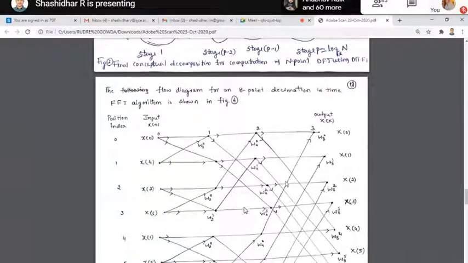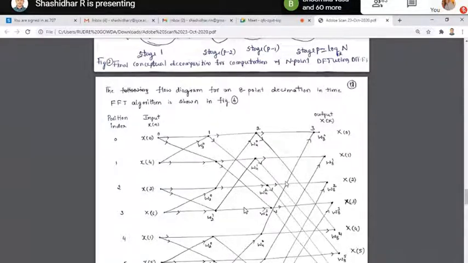This is the 8-point DIT FFT. How does it work? These are very important. Make a note, write them in your sheets and keep them. When I solve the problems, the 2-point FFT, 4-point FFT, and 8-point FFT are required.